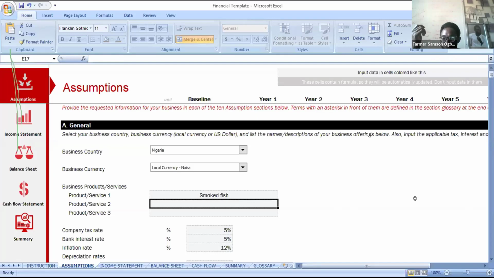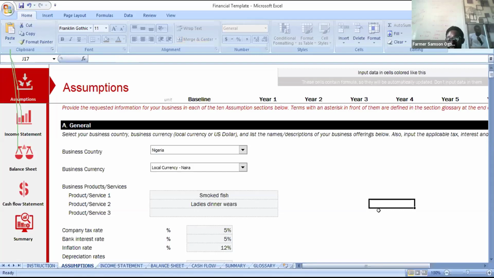Let me write ladies wears, between 25, ladies office wears. Or let's look for something a bit more exotic, dinner wears. Notice that I tried to specify the service properly. I did not just write ladies wears. I want them to understand what my particular niche is.